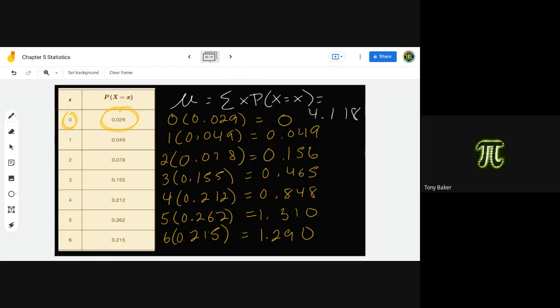So the mean number of siblings, or actually, sorry, this one's bank tellers, right? Yeah. The mean number of busy tellers is approximately 4.1. So multiply them, add them up, and that gives you your mean.